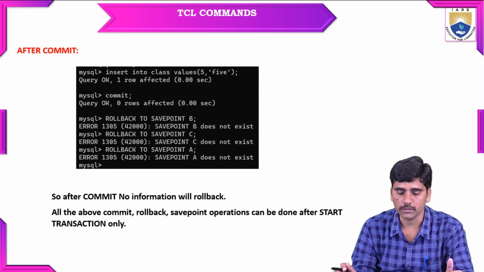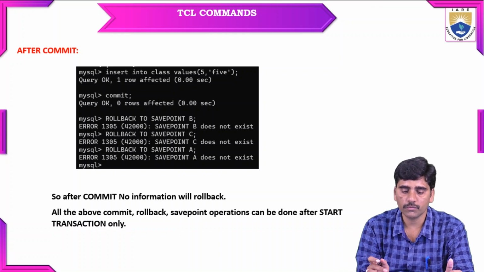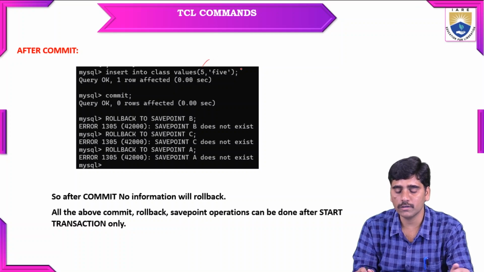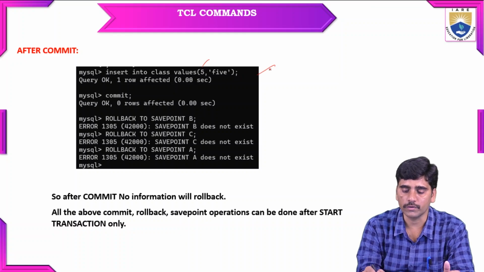Now, after commit, how can we do this? We perform inserting into class values of 5, with id 5 and name 5. Query OK, one row affected.